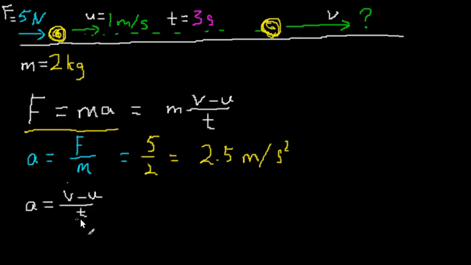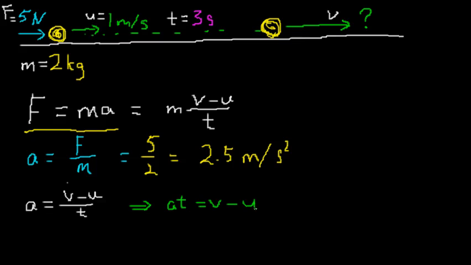So we can bring t over to the other side. This gives at equals v minus u.